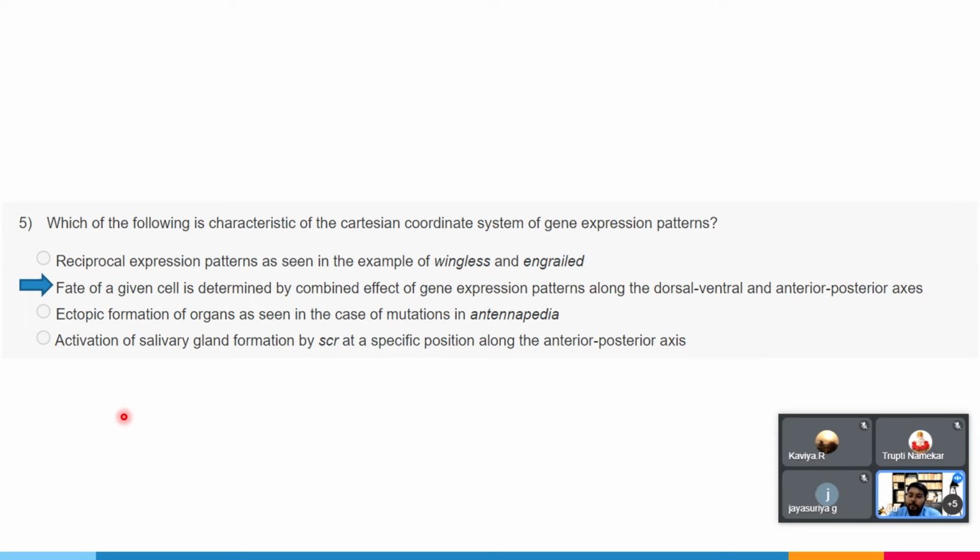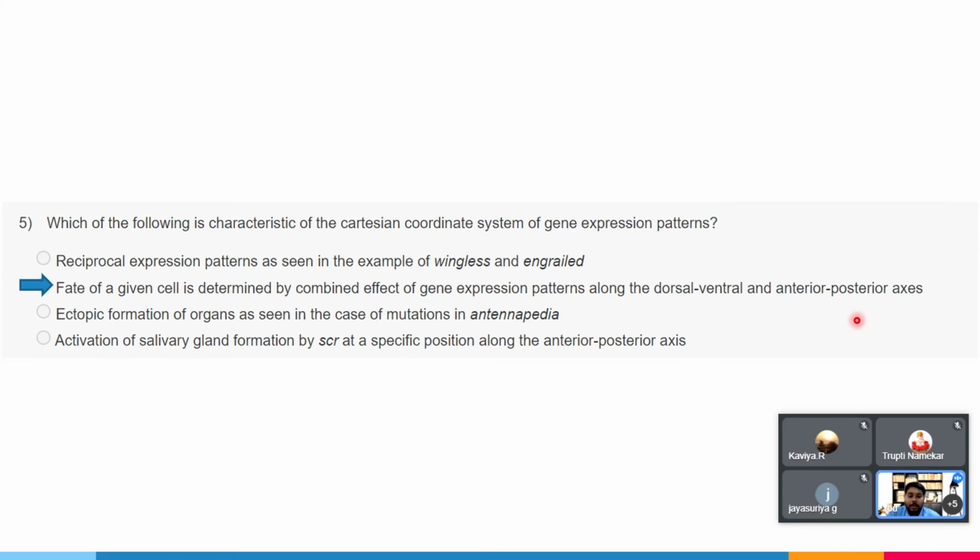The option is that fate of the given cell is determined by the combined effect of gene expression patterns along the dorsoventral and the anterior posterior axes. As we have seen, the pair-rule genes are expressed in an anterior posterior manner. Hox genes are also expressed in the same way. Similarly, other genes are expressed in the dorsoventral region. So we have a particular gene expressed in vertical stripes, and others in horizontal stripes, and a cell will begin expression of further genes when these two stripes combine at a particular place, and that cell will have a different gene expression.